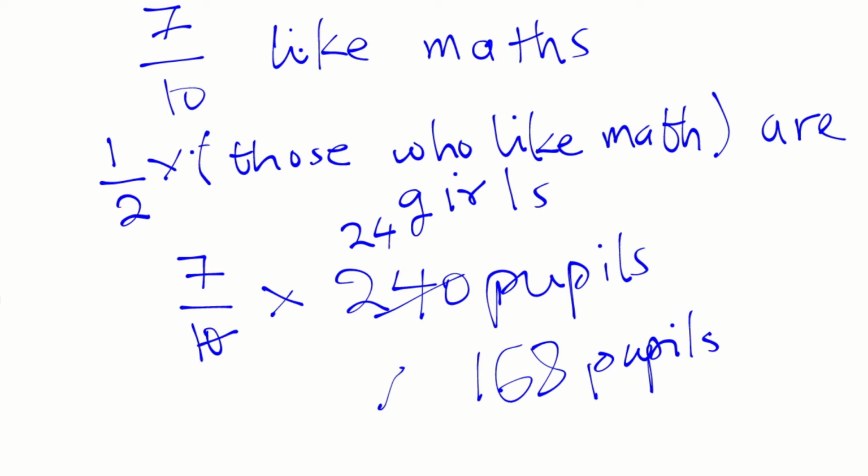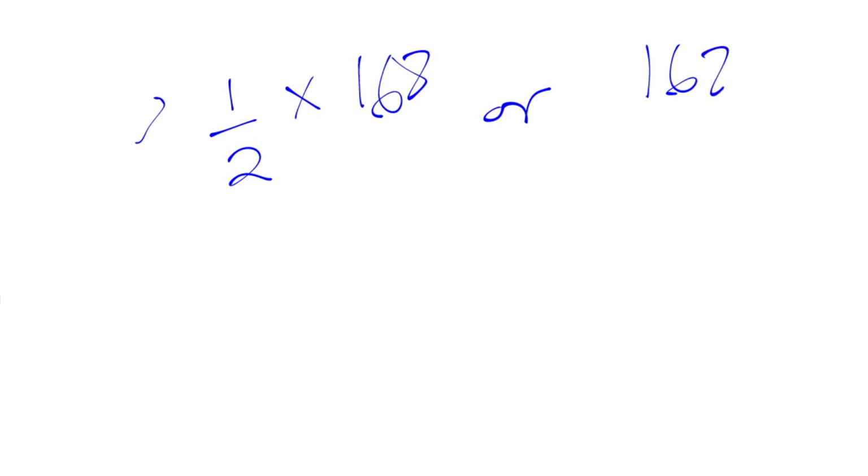Out of this, we are saying half are girls. So we find half of this number and we get the number of girls that like mathematics. Okay, so we find half of 168, or we can do 168 over 2.